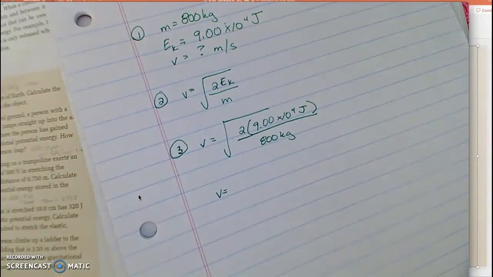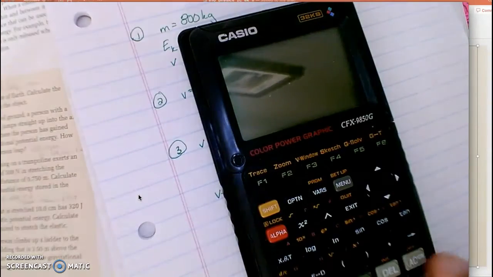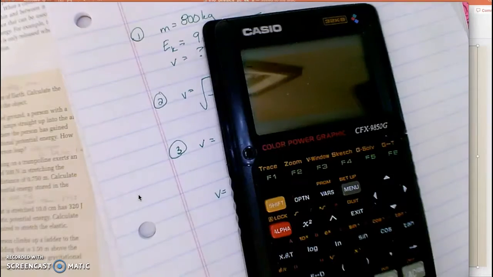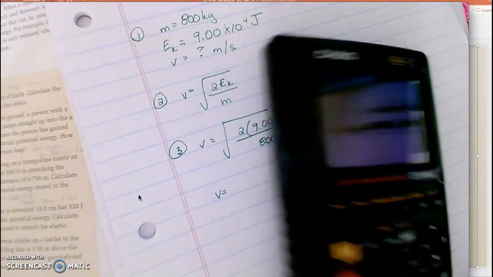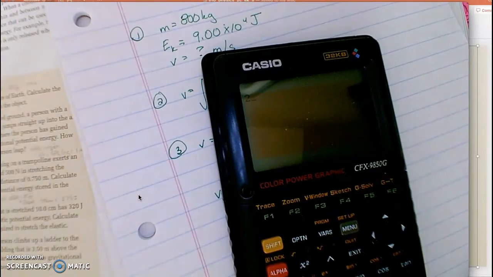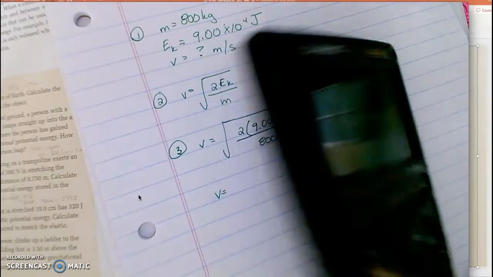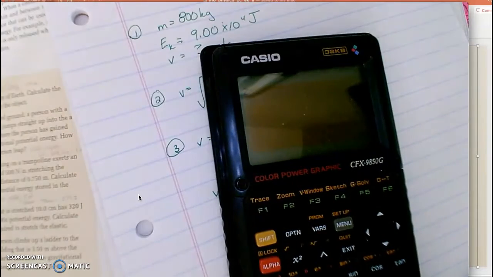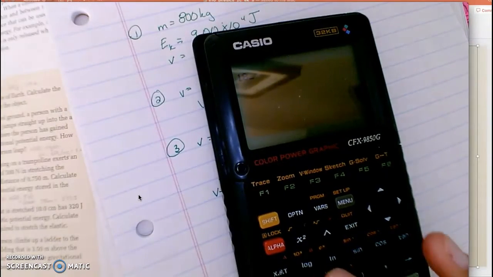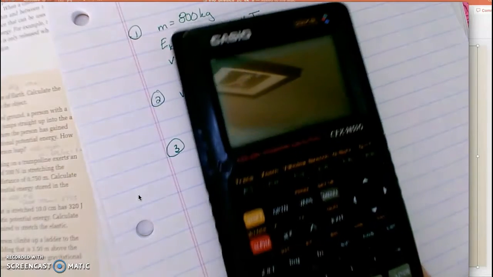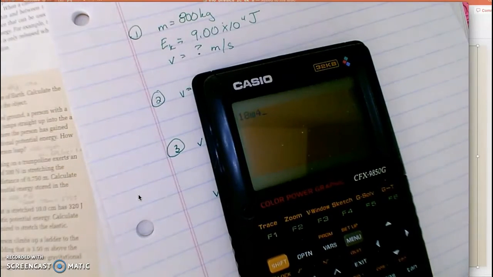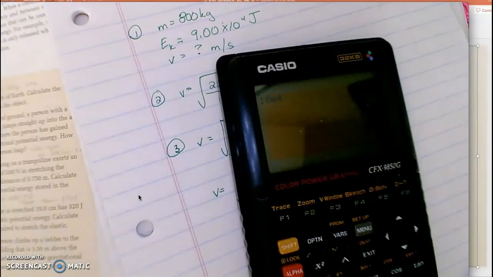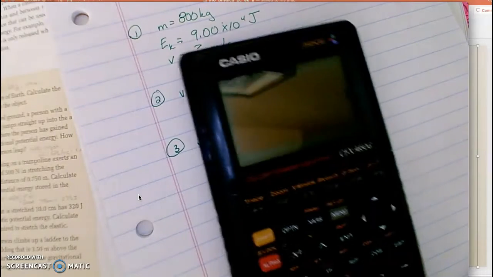I'm going to write out 2 steps here. 2 times 9, well, you know what 2 times 9 is, just put 18. 18 times 10 to the 4, divided by 800.